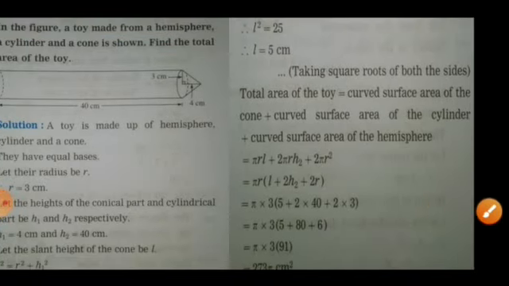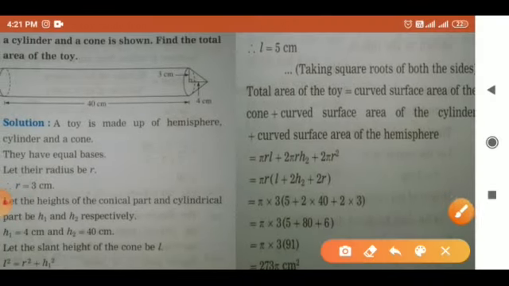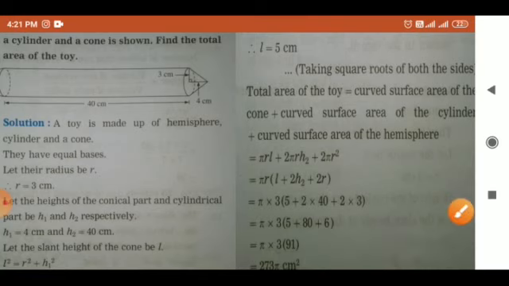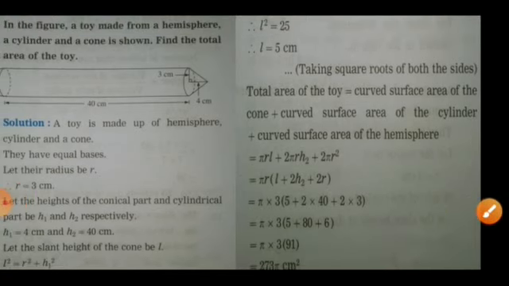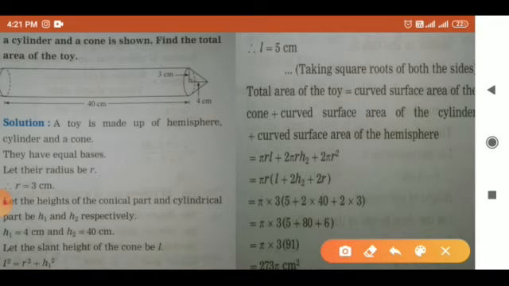So the total area of the toy will be the curved surface area of the cone plus the curved surface area of the cylinder plus the curved surface area of the hemisphere. So the formulae are pi r l, 2 pi r h and 2 pi r square.